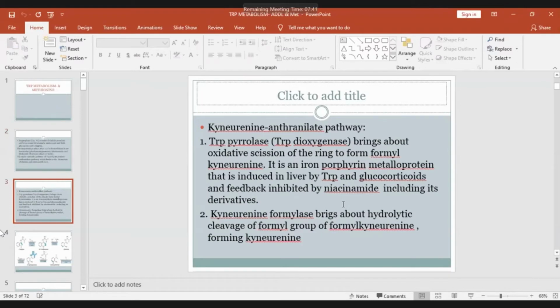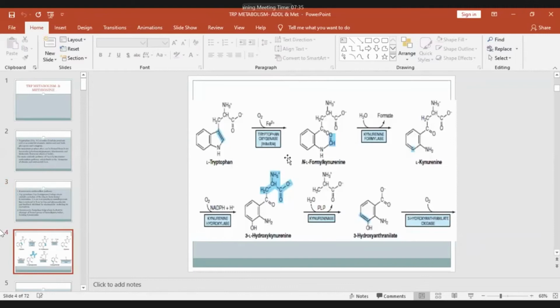So its catabolism, as you learned, kynurenine anthranilate pathway. Tryptophan pyrrolase or dioxygenase, a heme-dependent, iron-dependent enzyme, cleaves tryptophan here. So dioxygenase, both oxygen atoms are added here. So here CO and this also becomes CO, resulting in formation of formyl kynurenine.